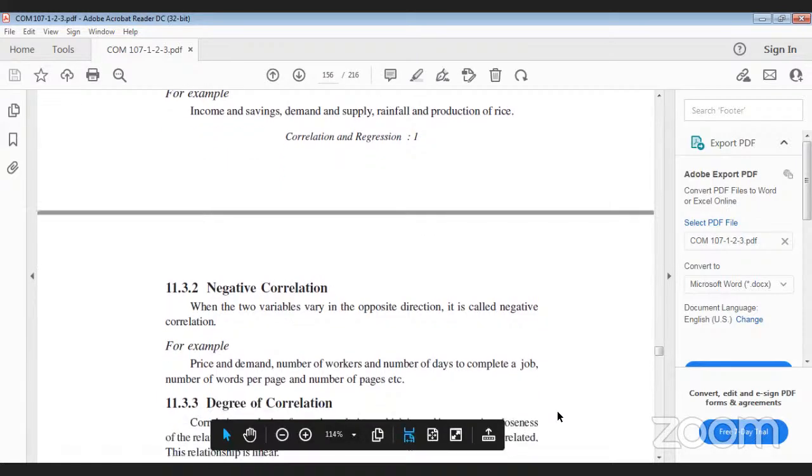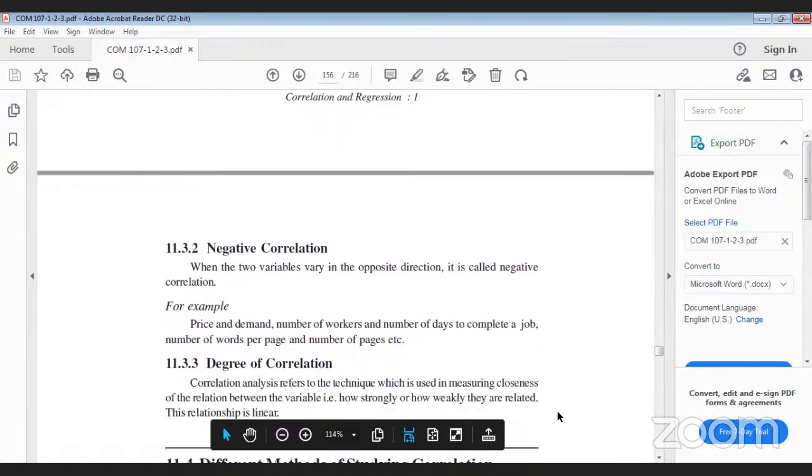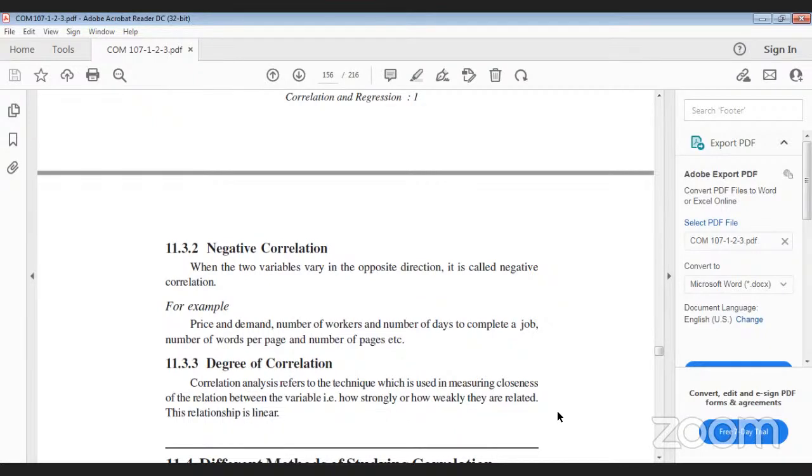Correlation analysis refers to the techniques used for measuring the closeness of the relationship between the variables, that is, how strongly or how weakly they are related. This relationship is called linear.